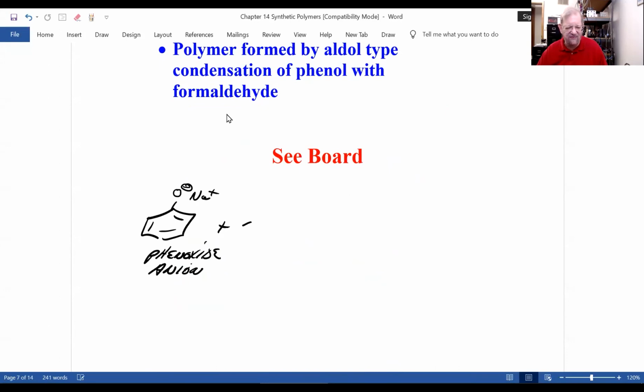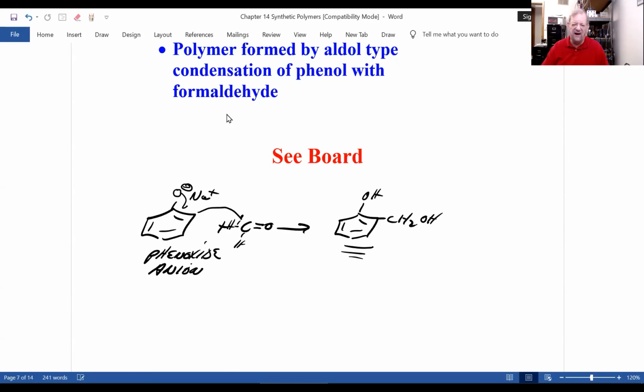If you react it with formaldehyde, this reacts here because this goes like that. And what it gives you after rearrangement is this, called the methanol. And this can react with other of these to form a polymer. And that's called a phenolic polymer or resin. Resin is a fancy name for glue.